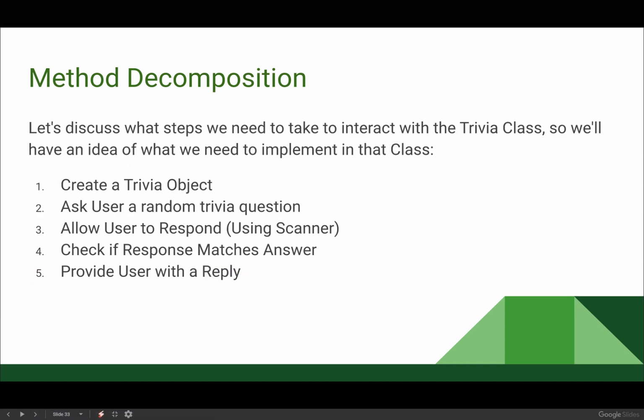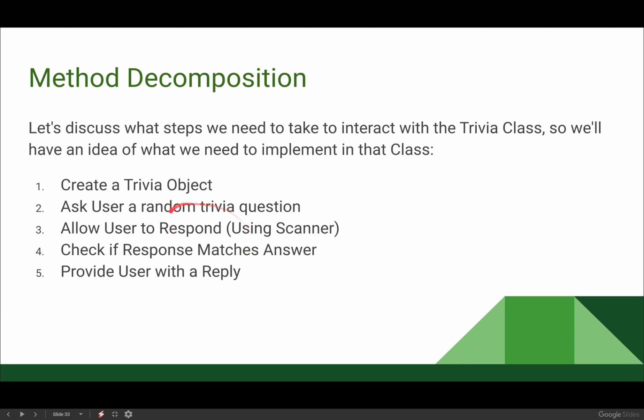So if I want to actually interact with this trivia class, we're going to need to know what we need to do. So we're going to need to make an object of the trivia type. We're going to ask the user a random trivia question. We're going to let the user respond. We're going to just ask for user input. And we're going to check if the response matches the answer and tell them you got it right or you got it wrong.